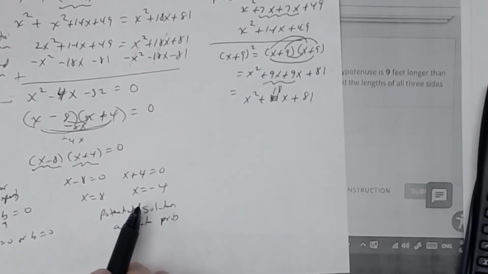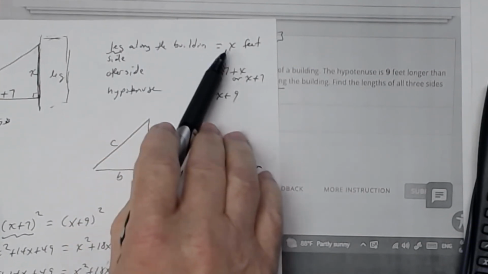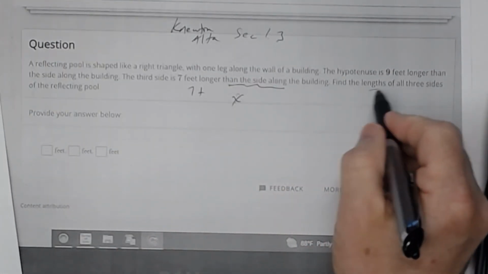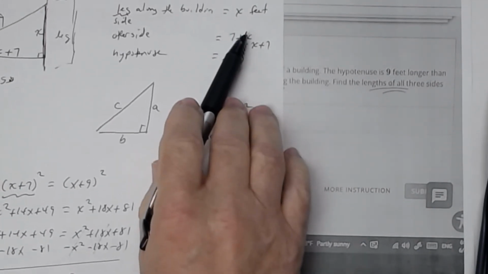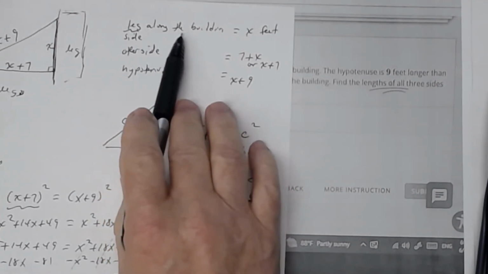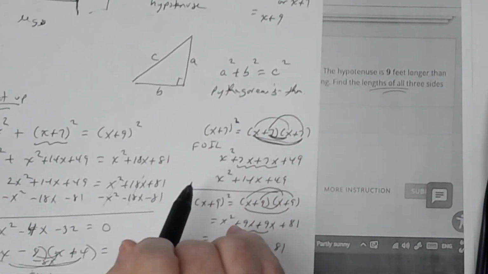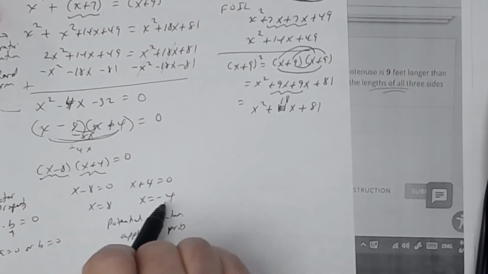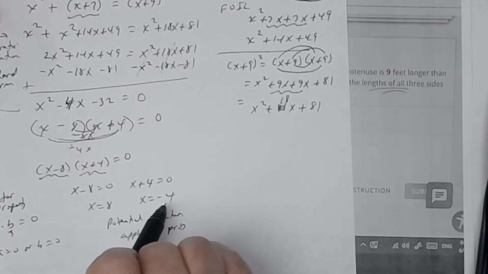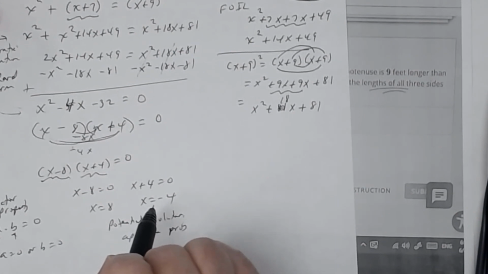Let's look at x equals negative 4. Remember the problem says you want to find the lengths of all three sides. If we go back here, the length of the leg along the building is x feet. One of my solutions to this quadratic equation is negative 4, but remember, the length can never be negative.